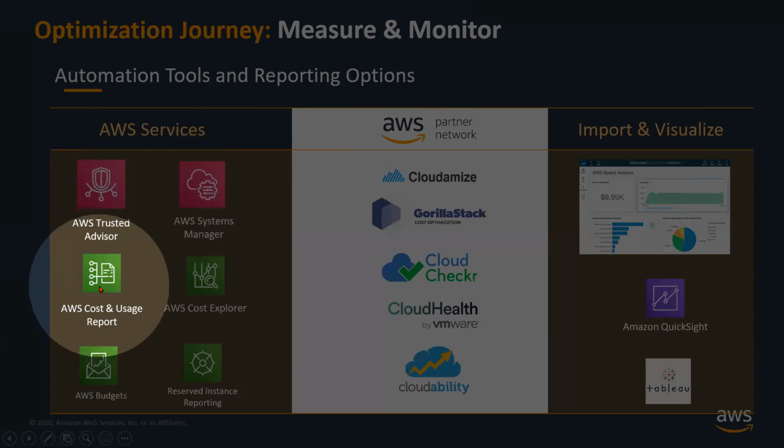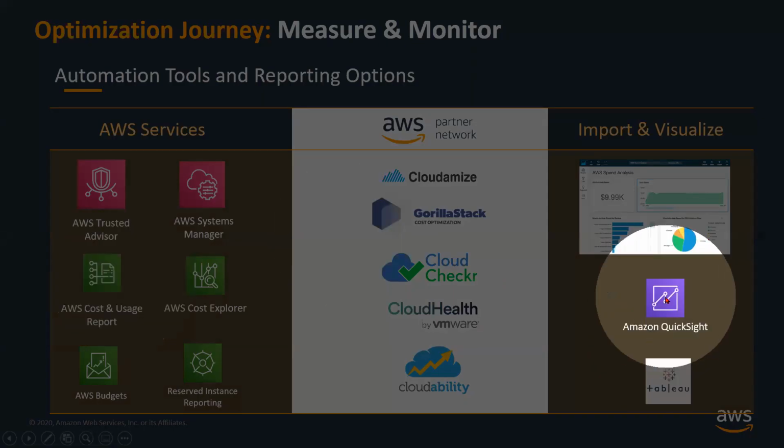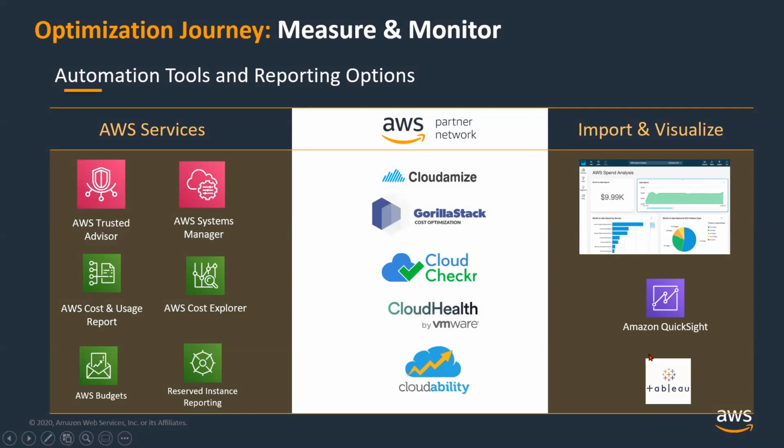We offer AWS Cost and Usage Reports. They contain a very comprehensive set of cost and usage data available. You can also use a Cost and Usage Report to publish your AWS billing reports to an Amazon S3 bucket, and you can use them as input to different visualization tools. For example, Amazon QuickSight, or if you like, you can also use third party tools like Tableau, or as simple as Microsoft Excel to visualize and analyze them.